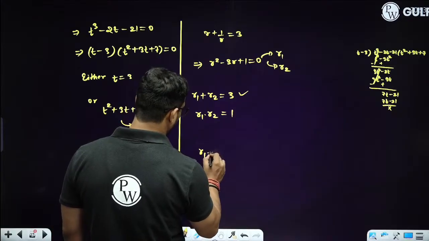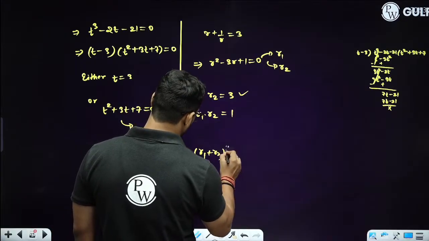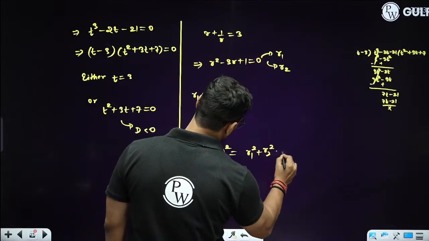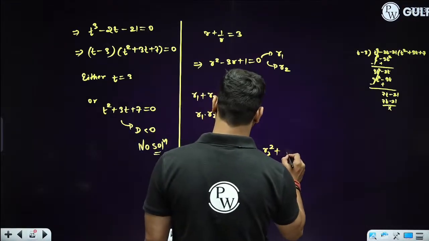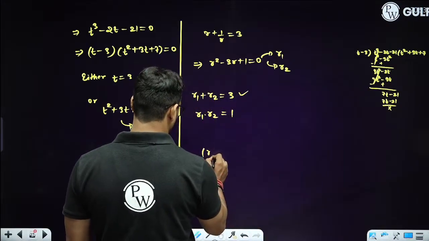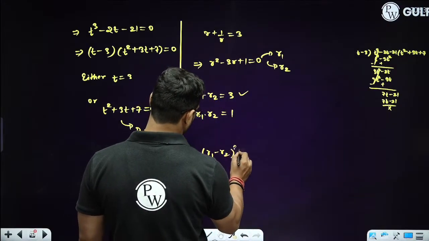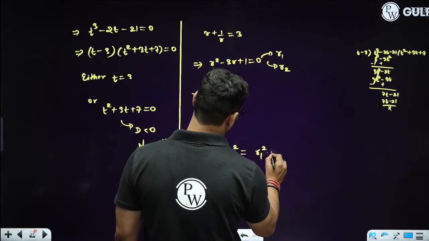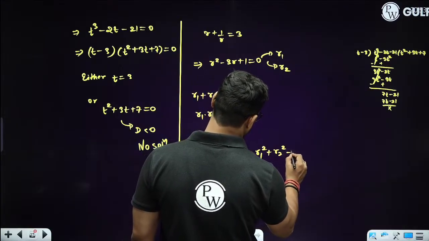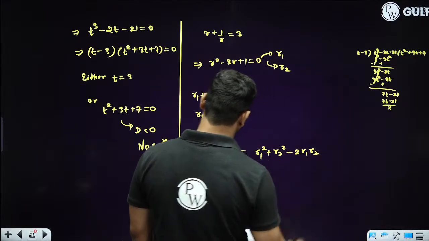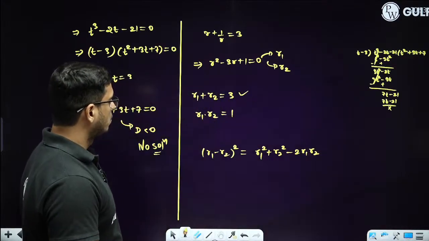If we have (r1 plus r2) whole square, then in that case r1 square plus r2 square and plus or minus 2 r1 r2. (r1 minus r2) square equals r1 square plus r2 square minus 2 r1 r2, right? But we don't have that.